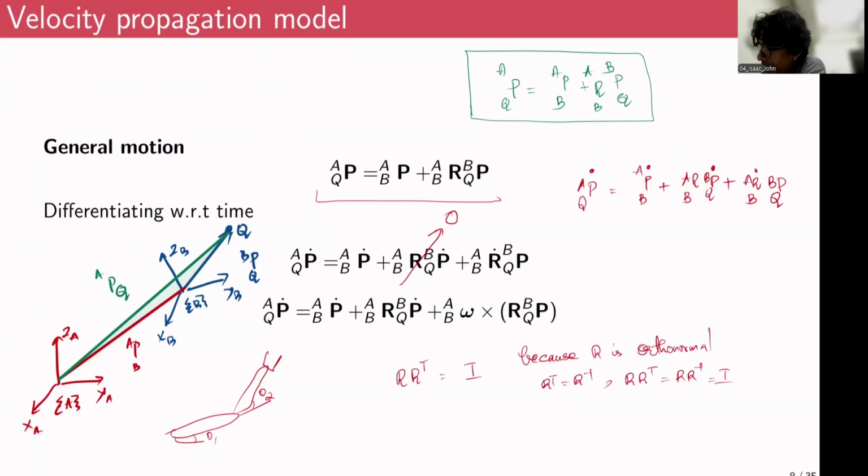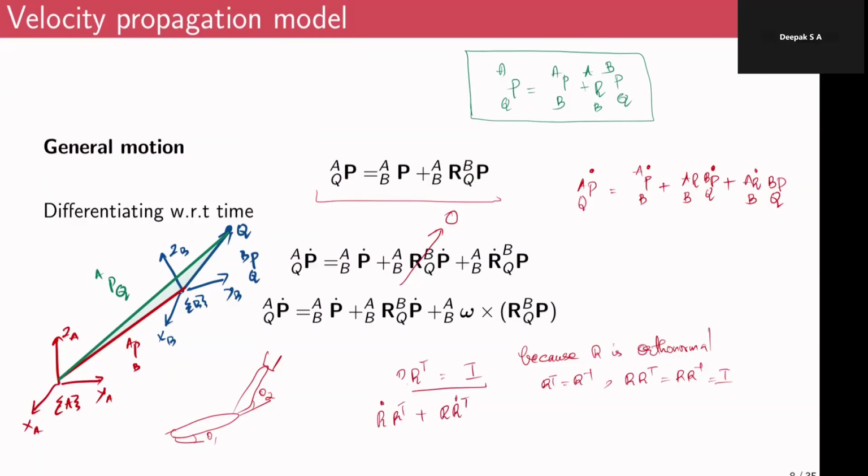So if I take the derivative of this expression, if I apply the product rule or the chain rule, I'll get R dot R transpose plus R R dot transpose.